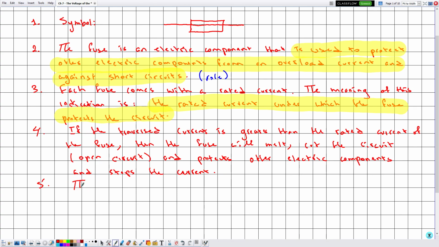Now idea number 5 is that the fuse is of negligible resistance, and the voltage across it is 0.